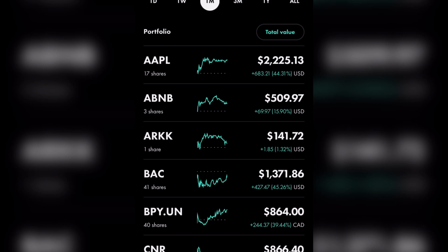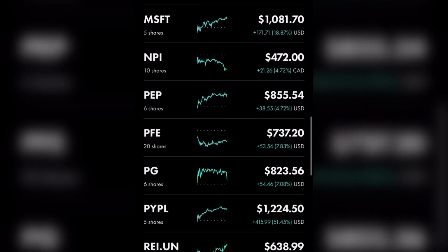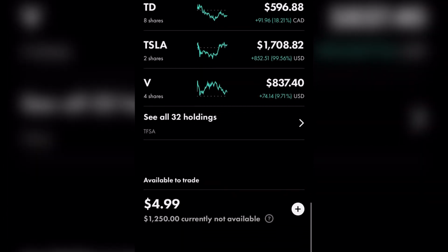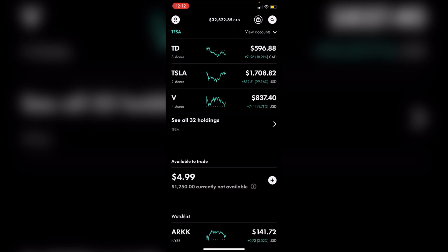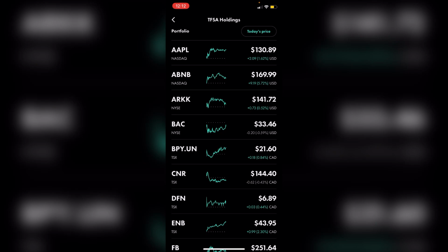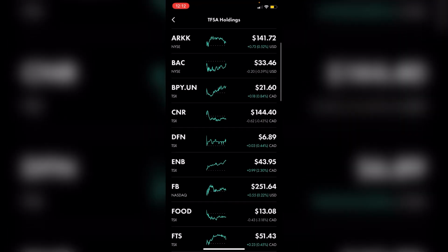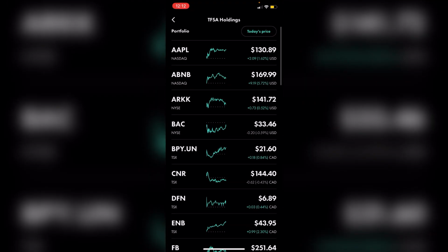This part shows you all the stocks you own. If you go to the bottom and say see all holdings, I have 32 holdings, and it shows all your holdings, listed in alphabetical order, but I think that's based on the symbol.